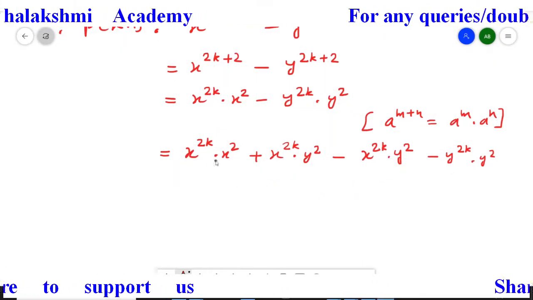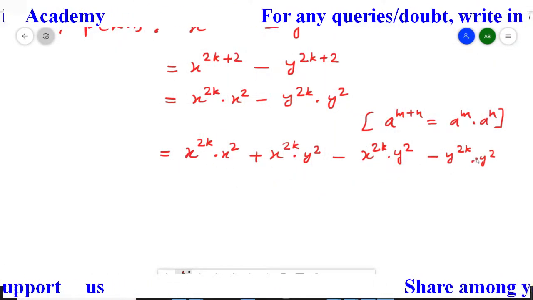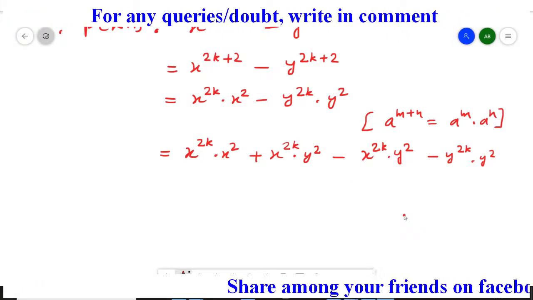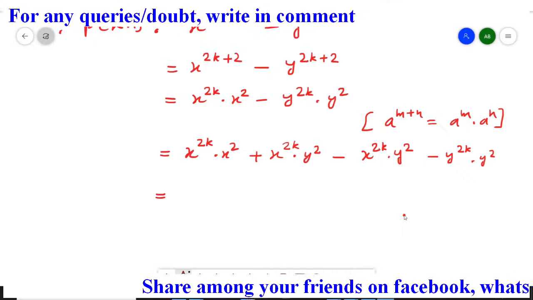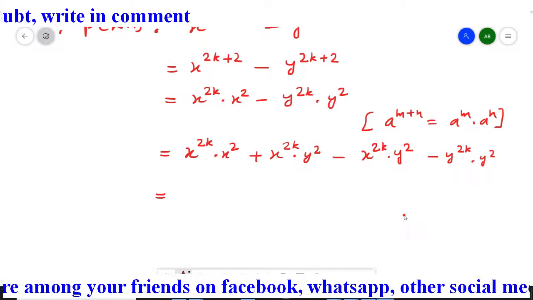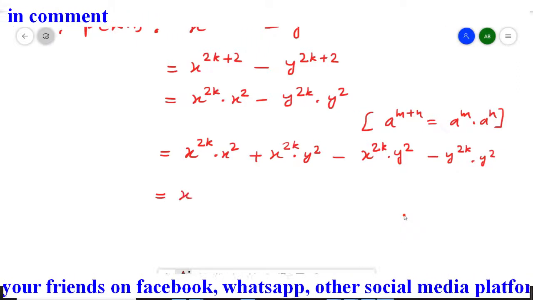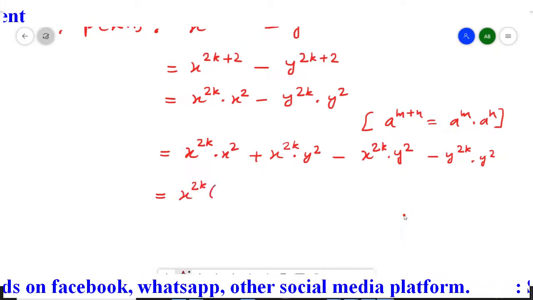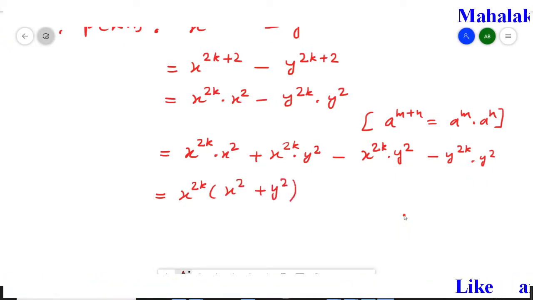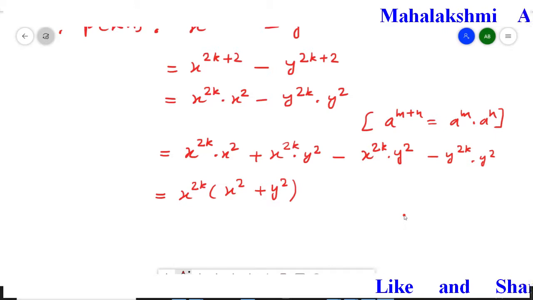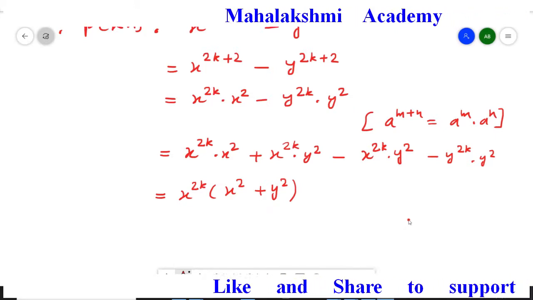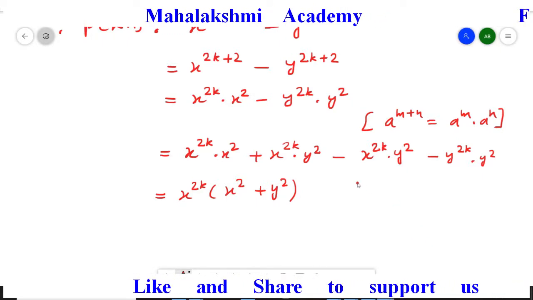Now this is your first group and this one is your second group. So whatever you can take common, just take it common. Now it's very simple. So now when we take common, we get here x raised to power 2k, and after taking common this. So students, here we'll do the correction.